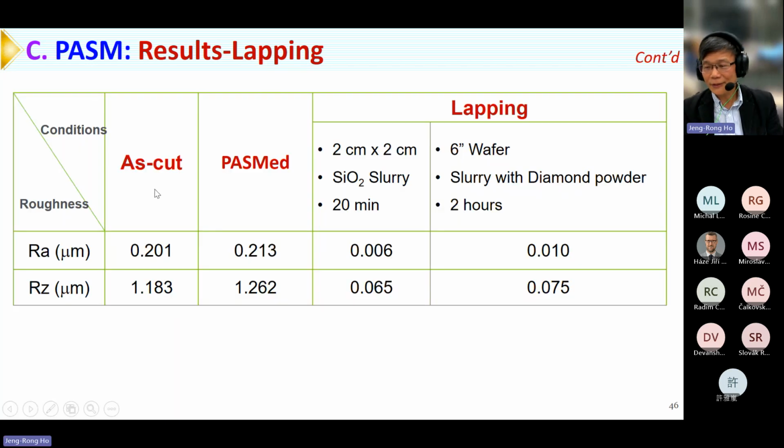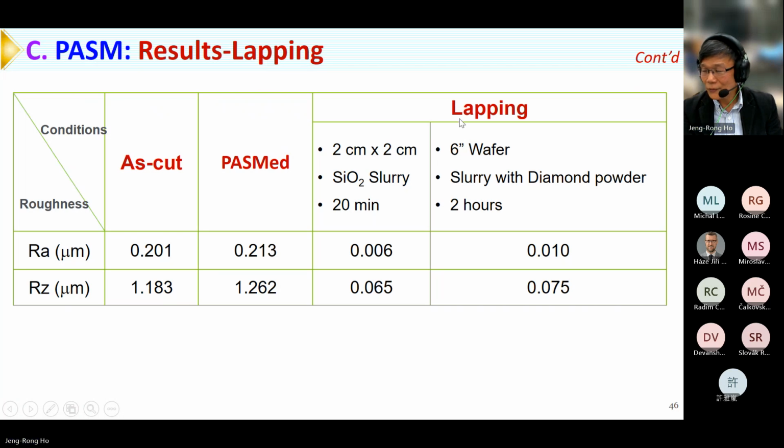And this table quickly shows the results, the initial conditions for the ASCAD samples and PSM samples. Again, they are very close.